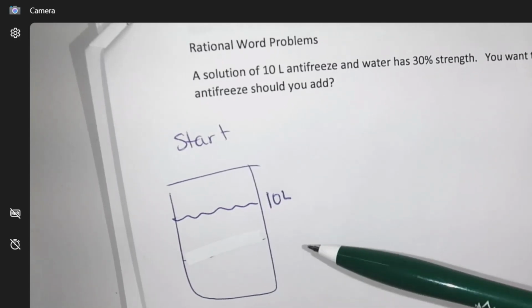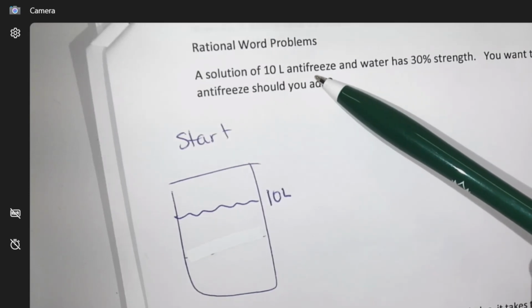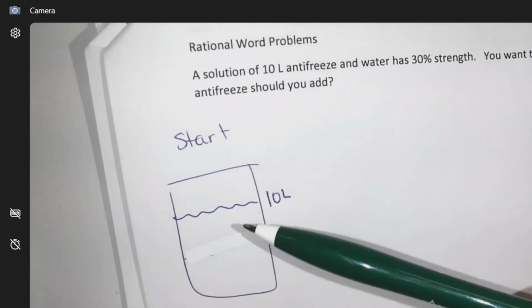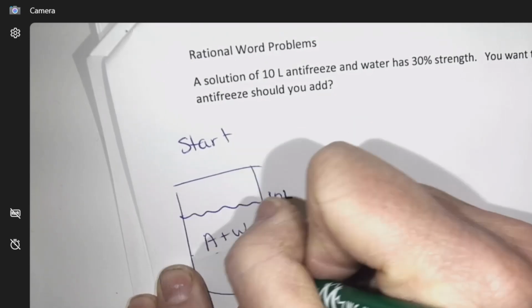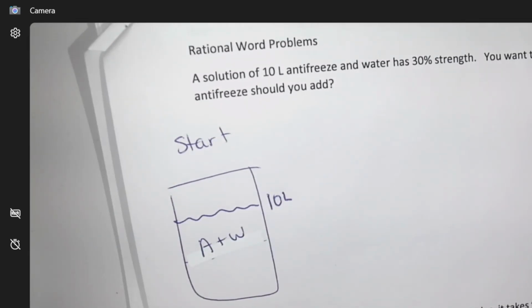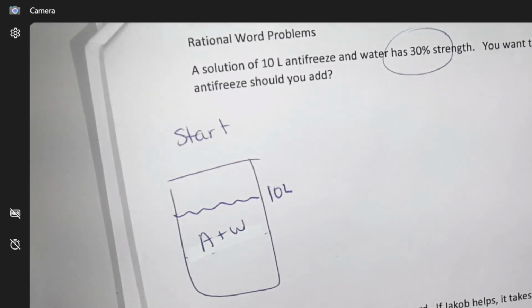And then all of this, it says it has some antifreeze and water. So this already has antifreeze and water in it. So there's some chemical in it. 30% of it is the antifreeze.